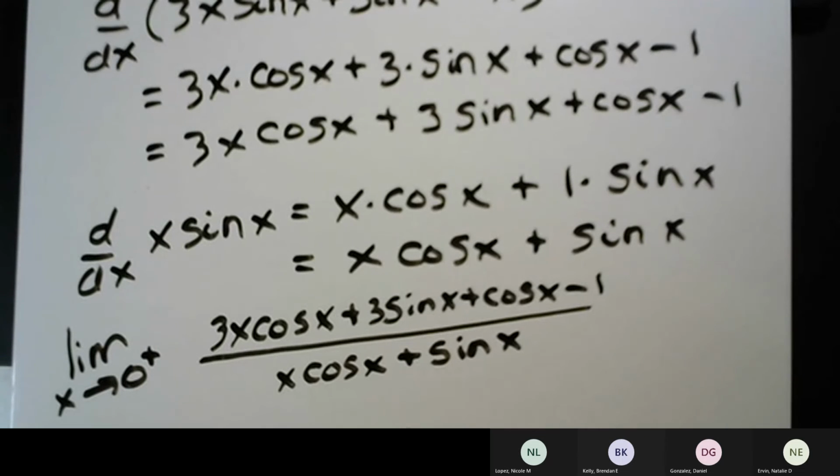Again, if we substitute 0, we're going to run into a little bit of a problem.